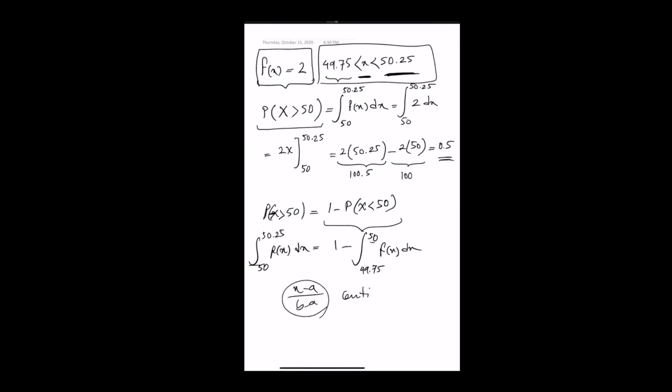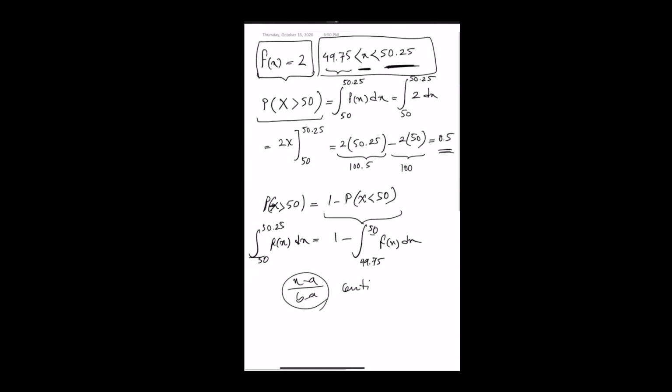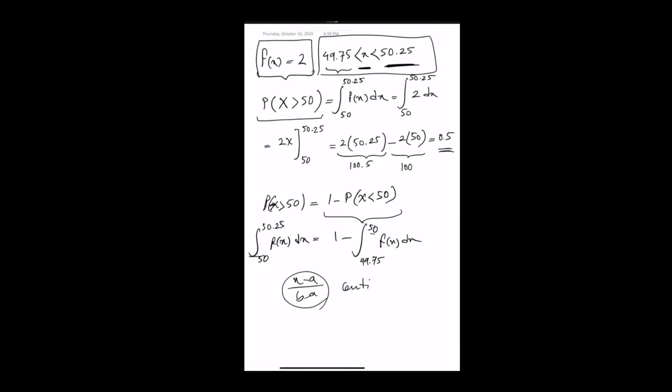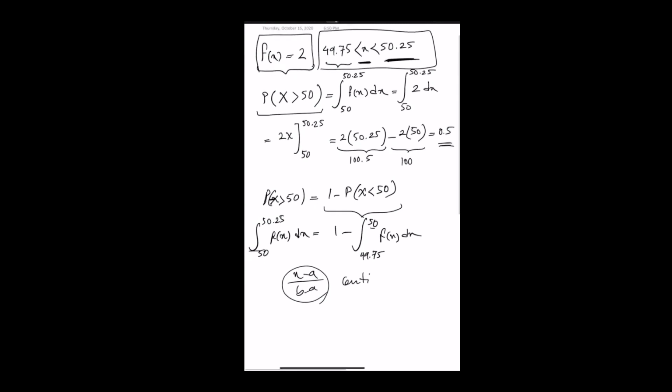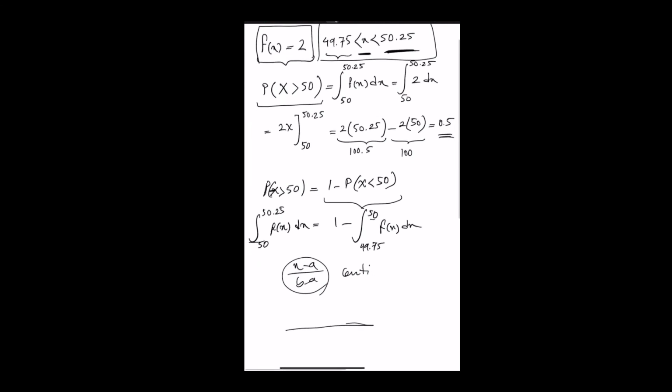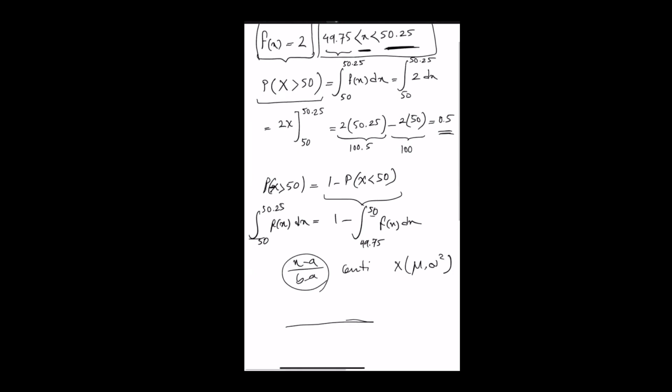This is a normal random variable, right? No, this is not normal. If it was normal, you would have to know the average and sigma for the random variable. Sorry, I think I meant normal distribution.